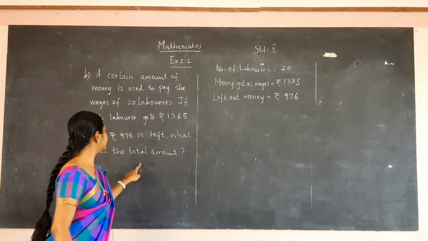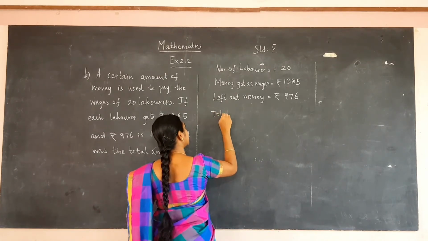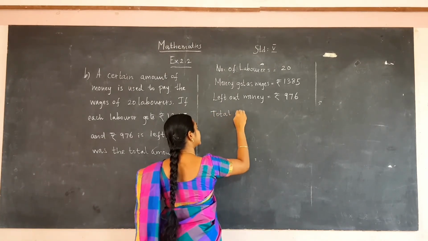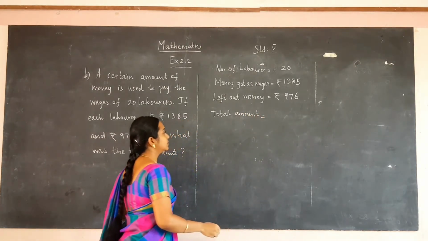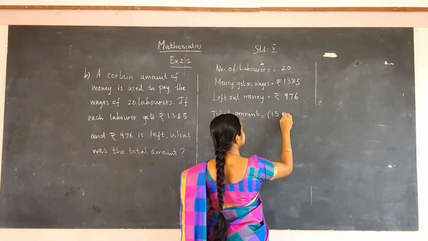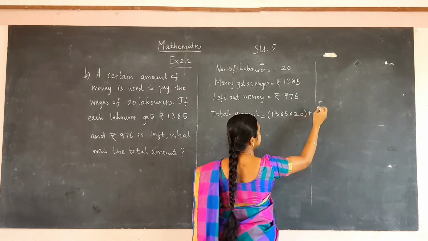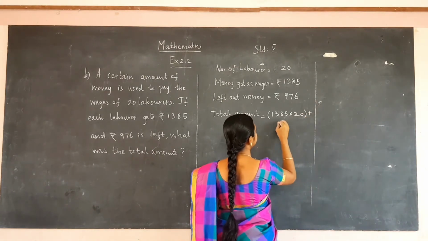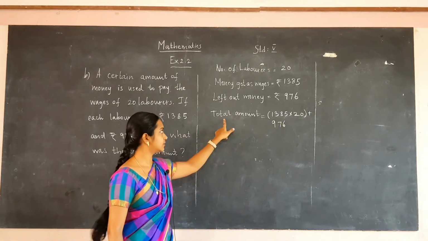Now what we have to find? The total amount. The total amount is 1385 into 20 plus 976. It will be the answer for the total amount.